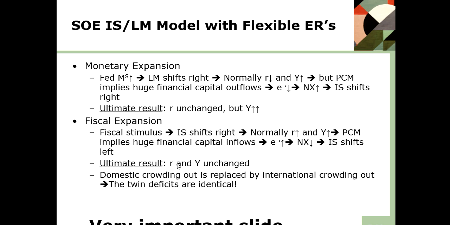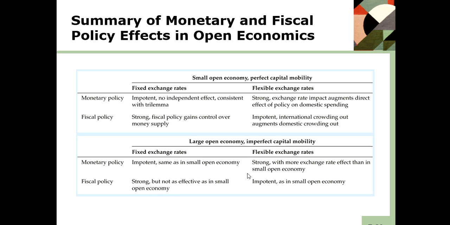So both will be unchanged. So it's ineffective. Here are the details and other clarification of this, and these are summarized over here. Yep, that was the end of this chapter. Thanks for your attention.